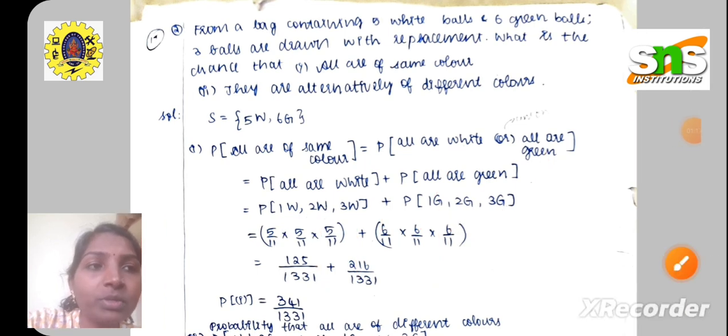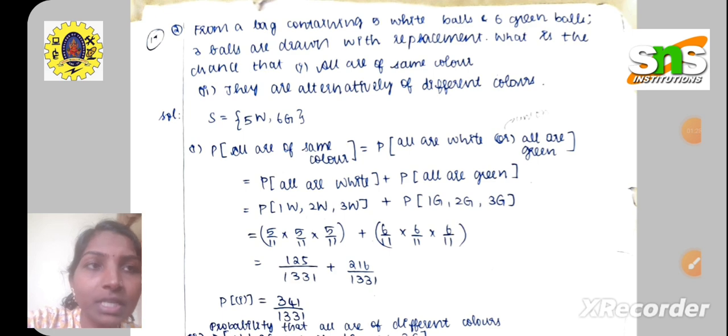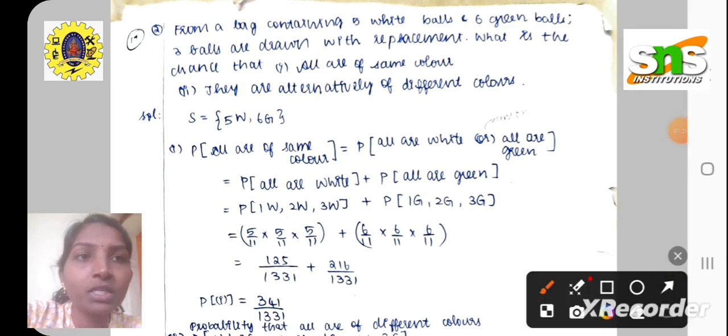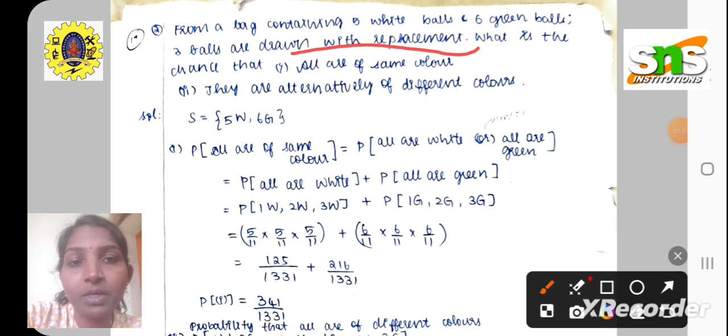To get the first white ball, we have 5 out of 11, for the second white ball 5 out of 11, and for the third white ball 5 out of 11, since in the question it is given as with replacement. With replacement means in each and every draw we put the ball back inside the bag, and the total number of balls in the bag will be 11 as always.